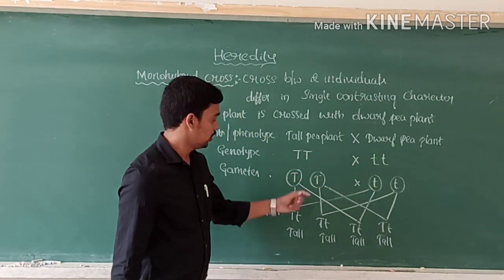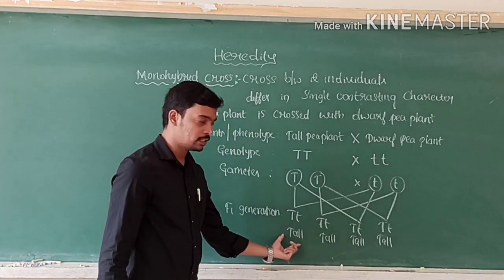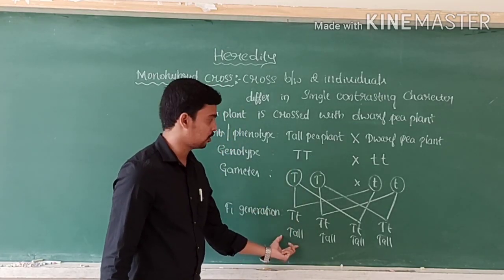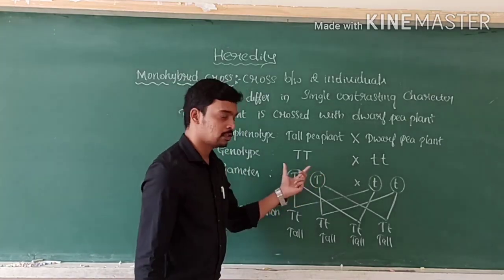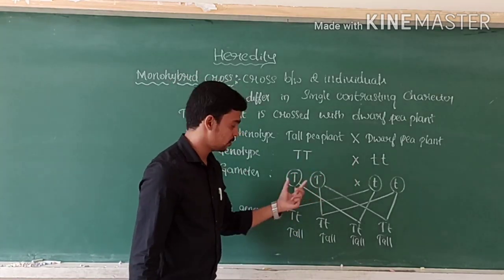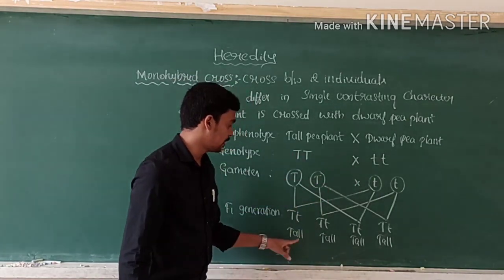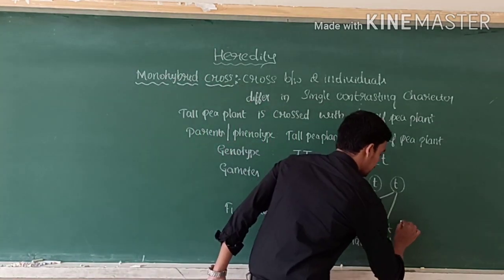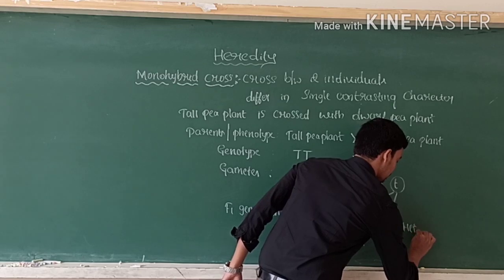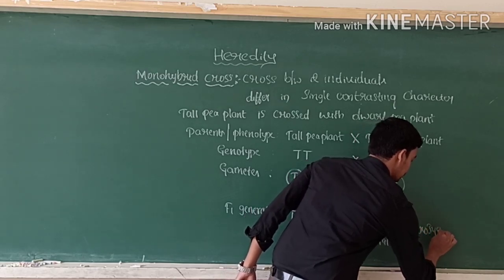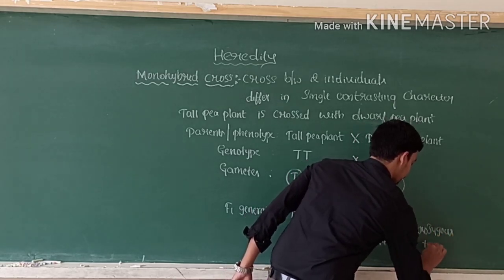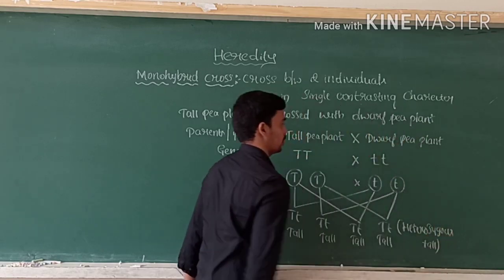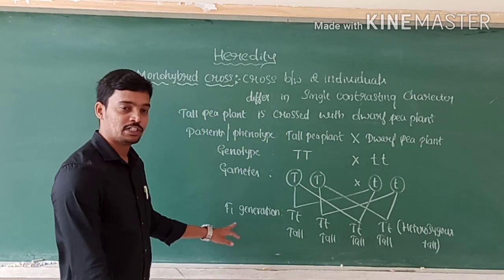But the individuals which occur in the F1 generation show the intermediate character. They are not similar to both the parents. The homozygous condition is there, but here one capital T, one small t is there. So all are heterozygous tall. This occurs in the F1 generation.